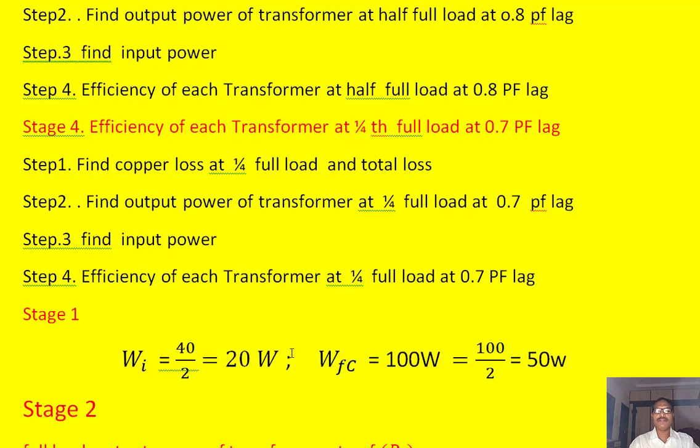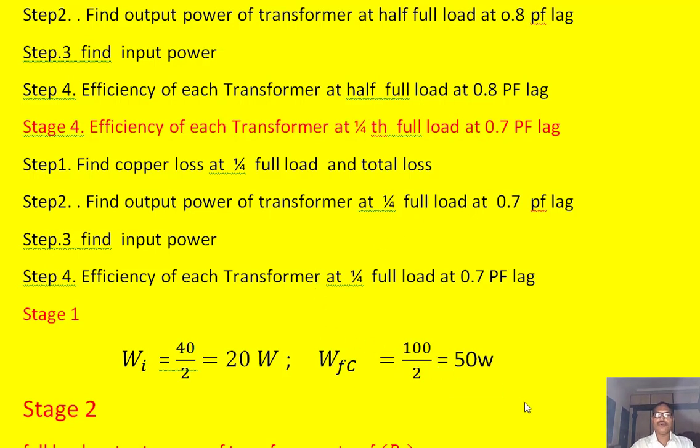Coming to the full load copper loss, from the short circuit test data given, he gave the full load copper loss for both the transformers as 100 watts. What we want is the copper loss for each transformer, that is 100 by 2.